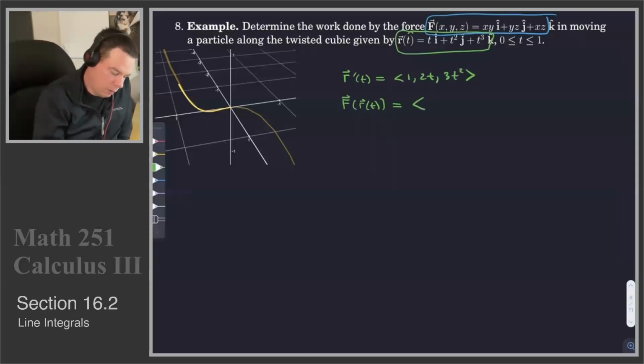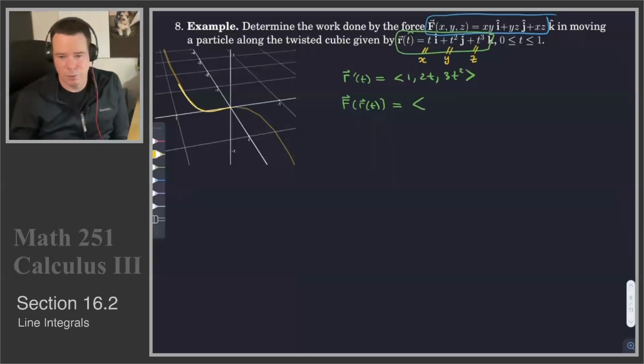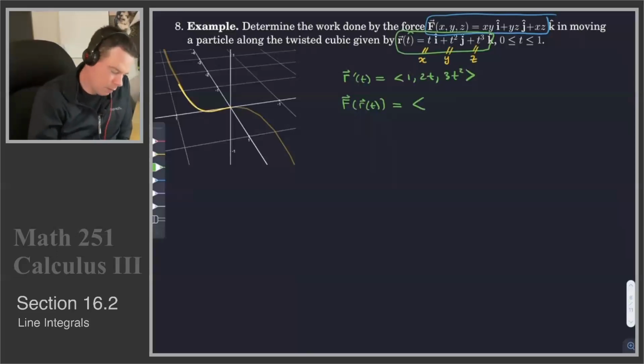So f, the first component is x times y. And so if I plug in r into that, maybe I'll just make a note that that's x, this is y, and that's z in terms of being functions of t. So x times y is t cubed. Y times z is t to the fifth. And x times z is t to the fourth.